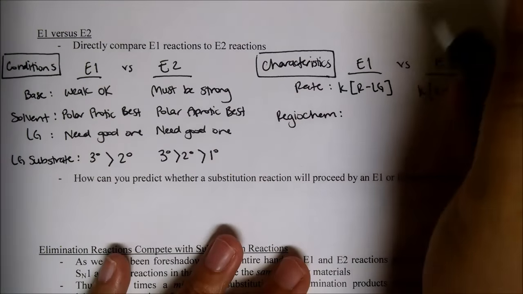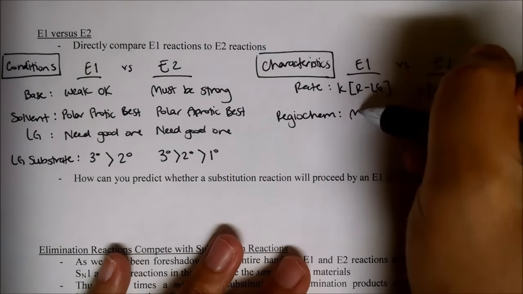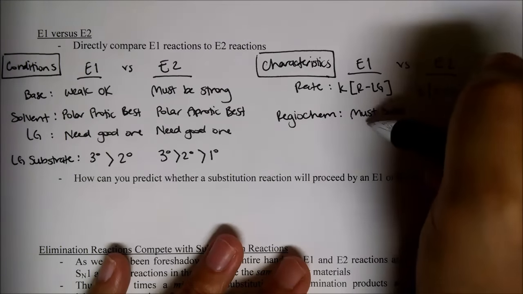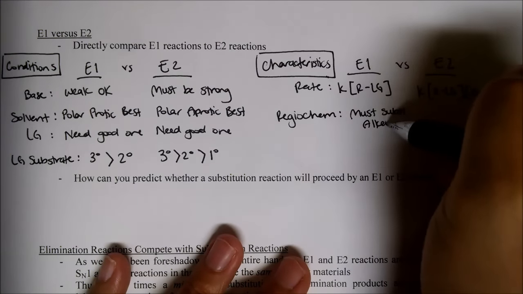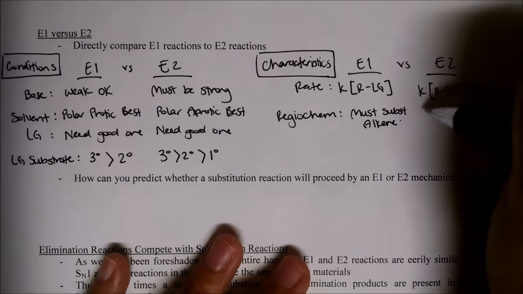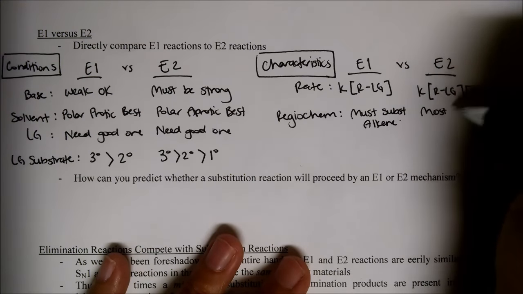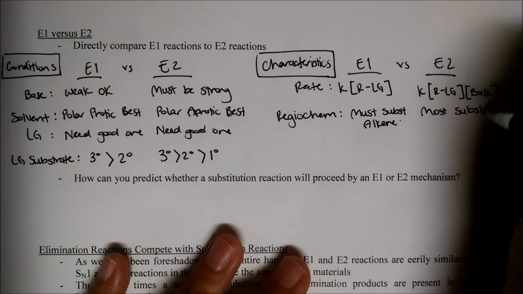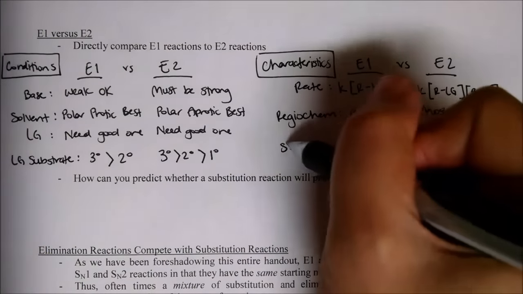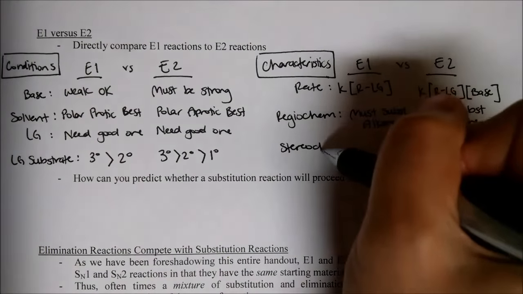For both E1 and E2, we form the most substituted alkene. In terms of which beta hydrogen are we going to react with? We're going to react with the one that gives us the most substituted alkene, because again, it's the most stable. And so where these then differ is the stereochemistry.